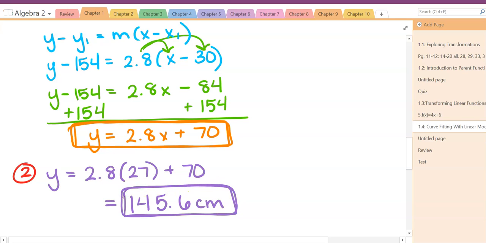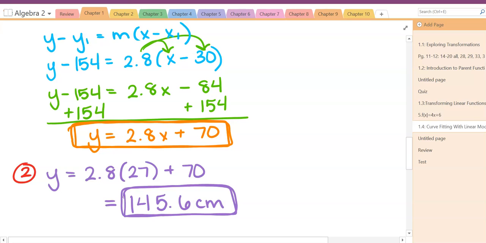These problems are going to look for two main things. They're going to look for your equation, and they're going to look for the answer for your prediction of what happens next. Both of those we saw had a positive slope, and so the height was increasing because the length of that bone was getting longer.